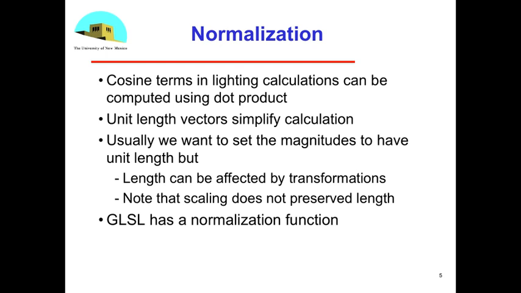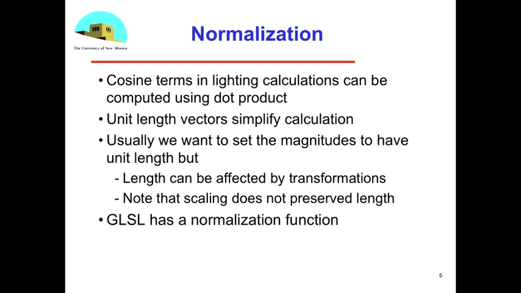But more the problem is that if you don't do the normalization, your lighting calculations can come out terribly wrong. So one of the things to keep in mind is that rotation and translation don't change lengths, but scaling does. And so if you keep track of where you might have done scaling, then you could see where renormalization might be needed.